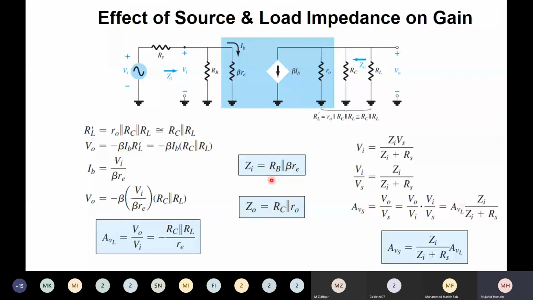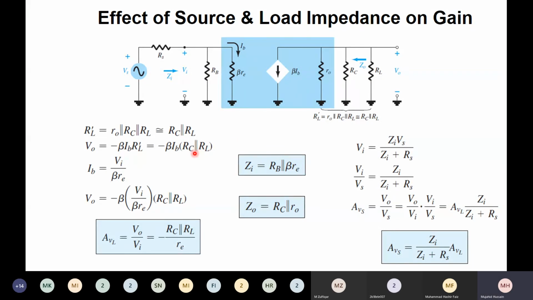Okay, now we come to the voltage gain. V naught will be equal to the current flowing at the output terminal multiplied by the resistance at the output side. Since the voltage polarity is opposite and the current is flowing in this direction, we have taken this minus sign, and this is IC, which is beta times IB, and this is the output impedance RL prime, which is the parallel combination of RC and RL.